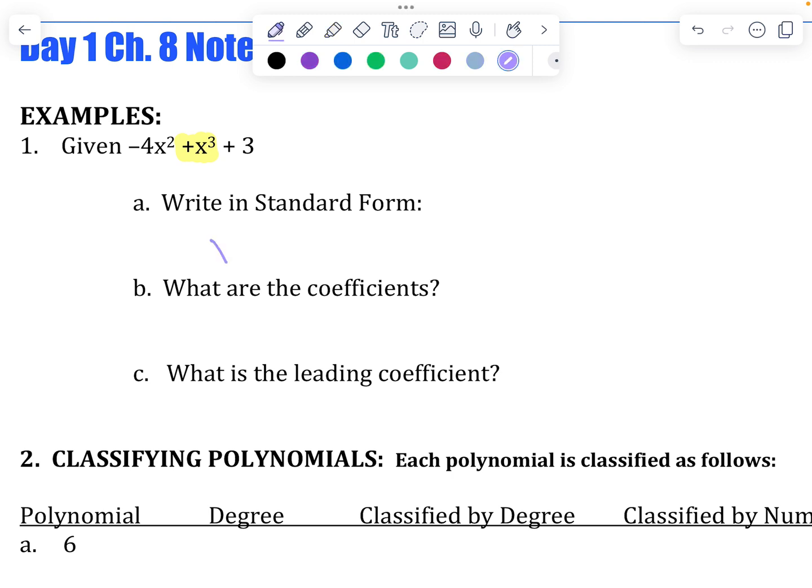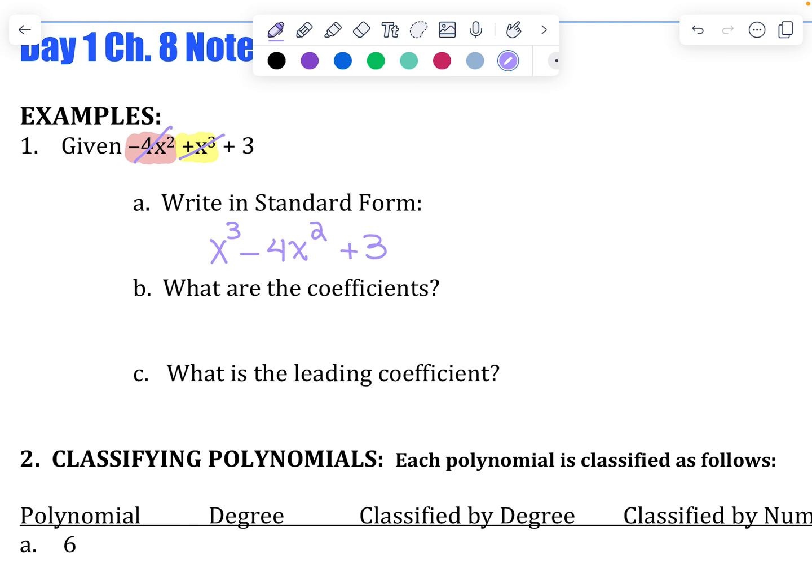So that's what I should see first. You can cross it out after you use it, because once you use it, you're not going to use it again. And the next highest exponent I see is this 2, but you see a negative sign in front, which just means it's not going to be a plus after the x to the third. It's going to be a minus 4x squared. And then remember, the constant or the number is always the last term you see.